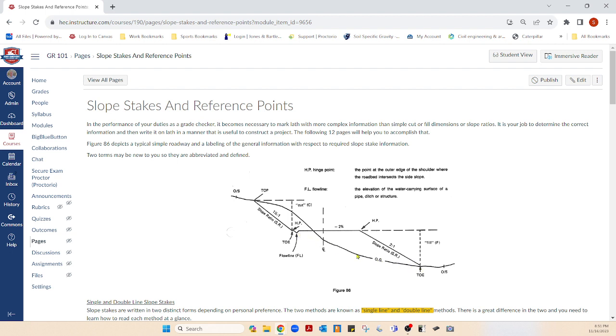And then you would have another fill going to the bottom of the ditch, and it would call it the flow line on your stake. And then there's a little jag right here that's called a hinge point. You would need another item on your reference stake that's a fill to this point.